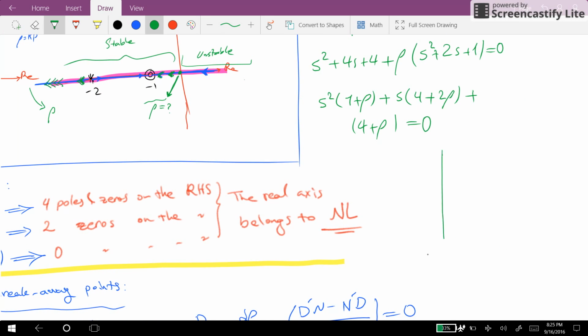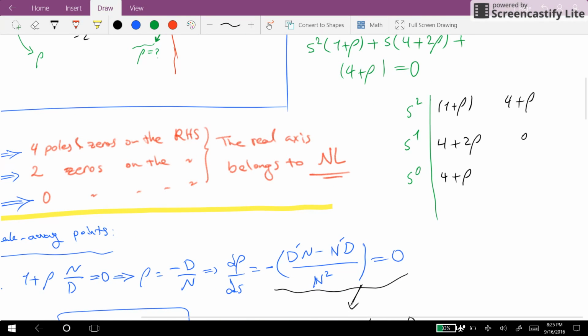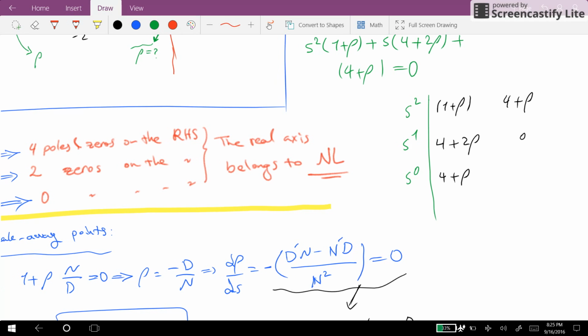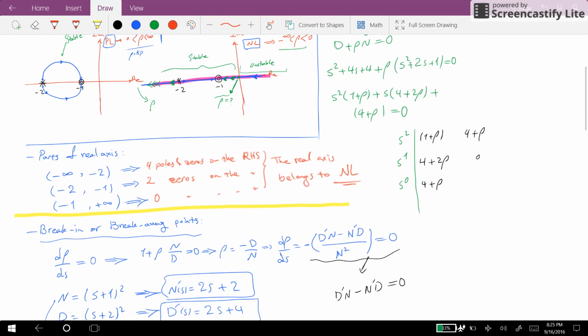Now we can form the RAS table: S2, S1, S0, for which we will have 1 plus rho, 4 plus rho, then 4 plus 2 rho, 0, and 4 plus rho. I hope you know how to form the RAS table. If we want our system to be stable, we need all the elements in the first column to have the same sign.